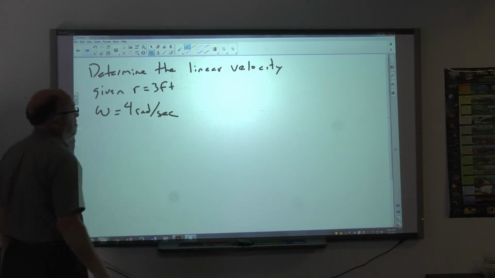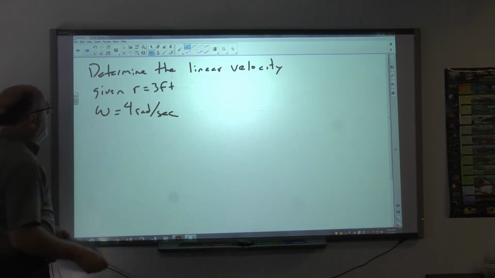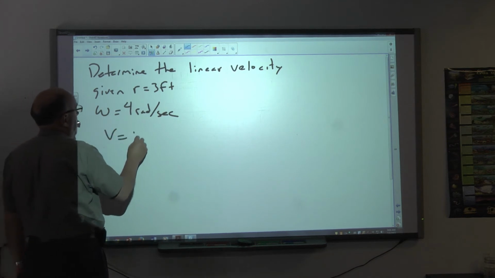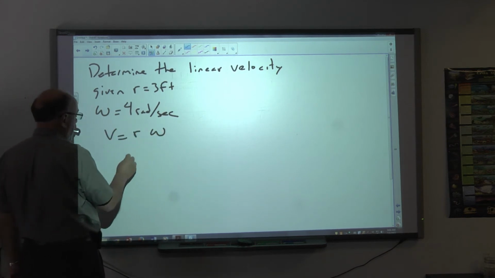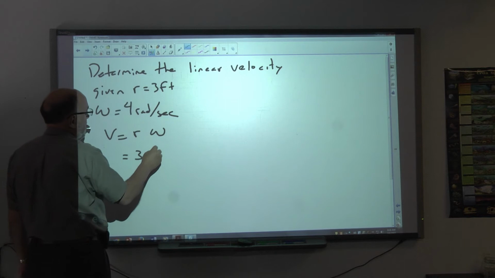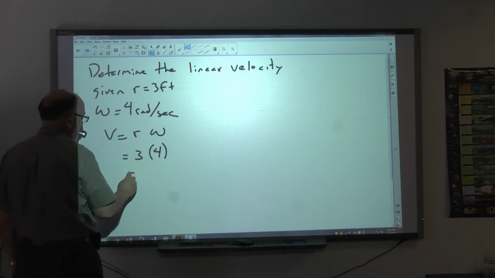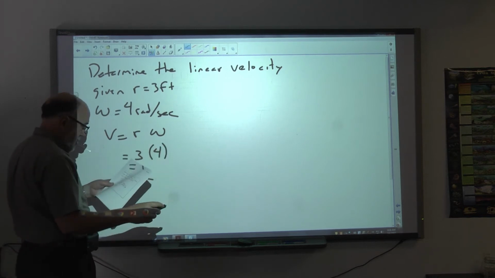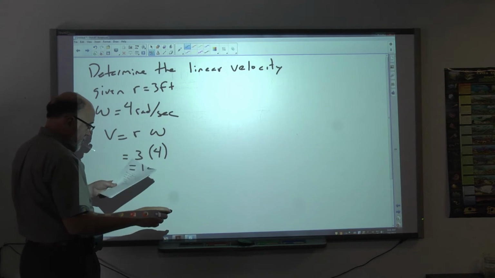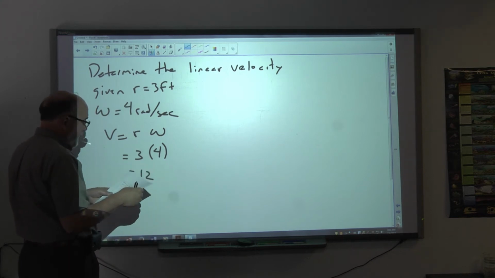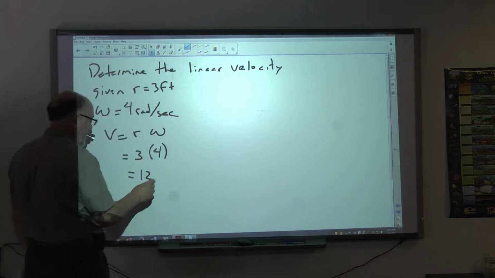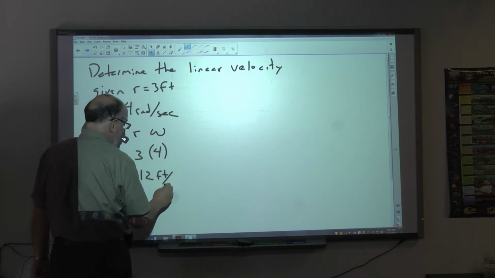Okay. So we have that the velocity is given by r times omega. So this is just going to be 3 times 4, and we end up with 12 feet per second. Right.